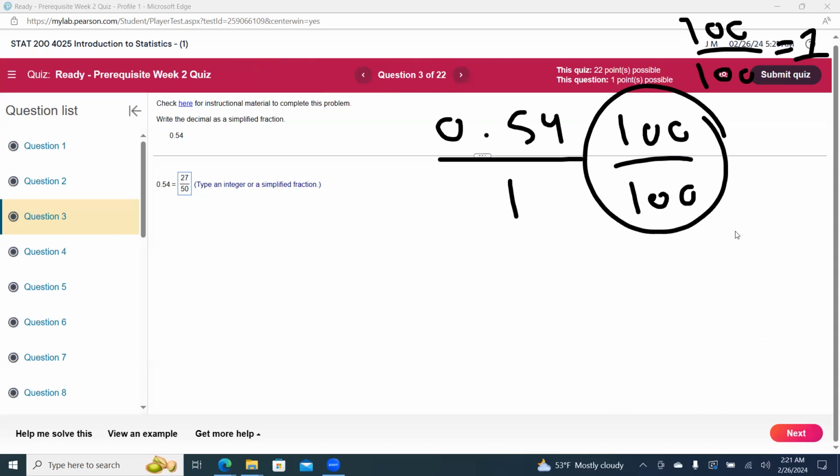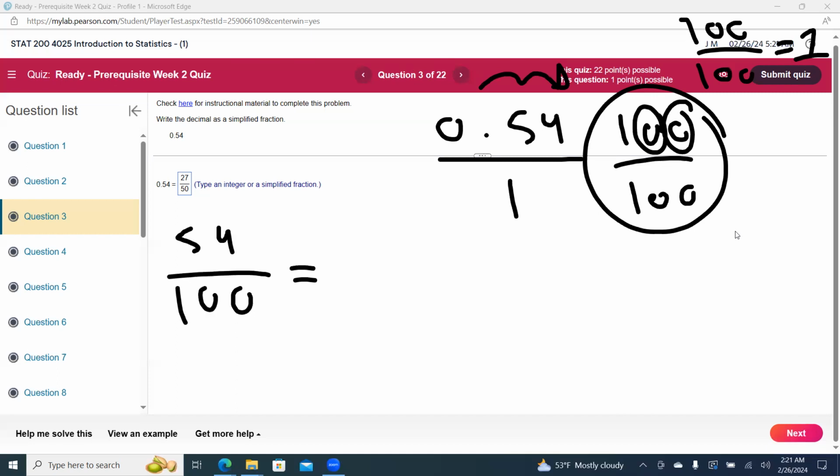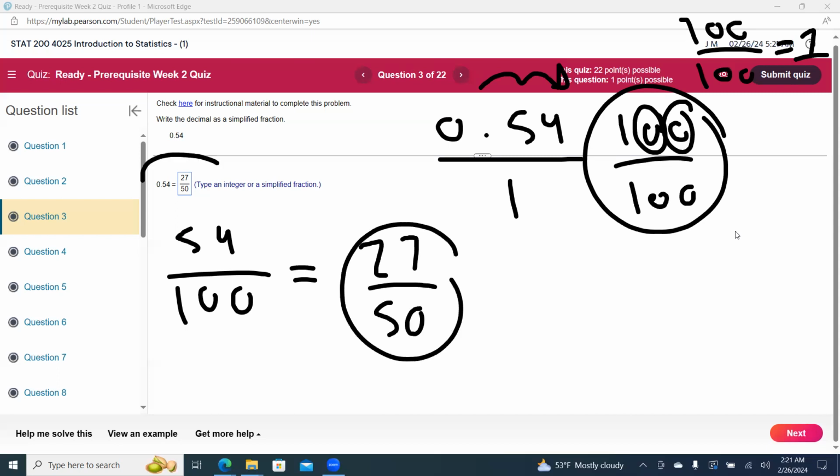You multiply by as many zeros as places you have to move the decimal. The decimal has to be moved 2 places, so we multiply top and bottom by a 1 with 2 zeros, by 100. We get 54 over 100, and then we just reduce the fraction as much as we can, and we get the answer.